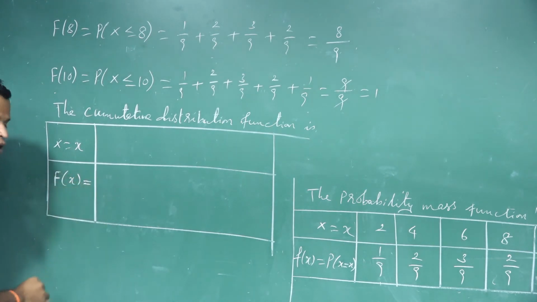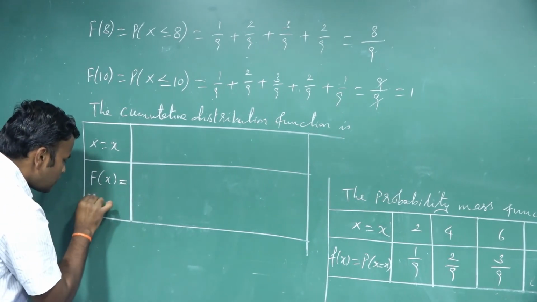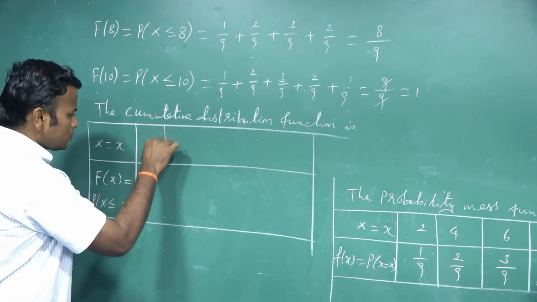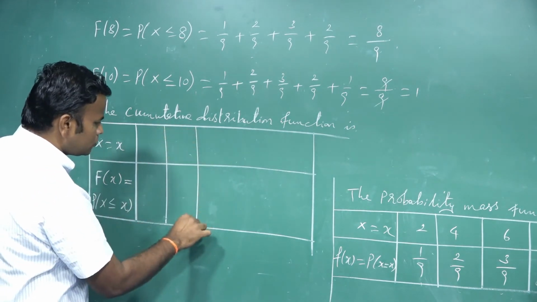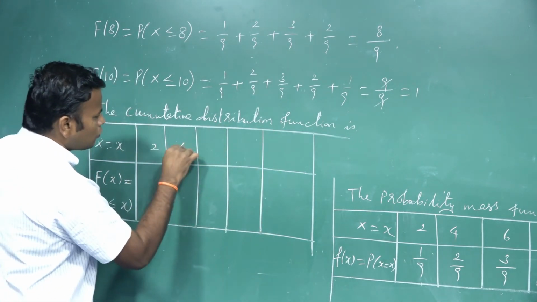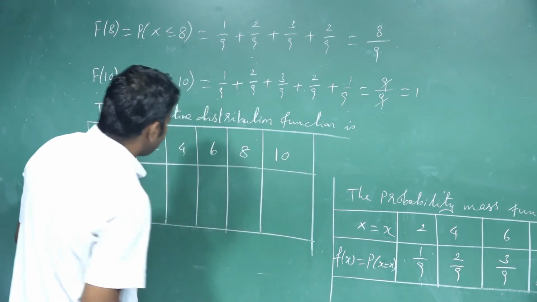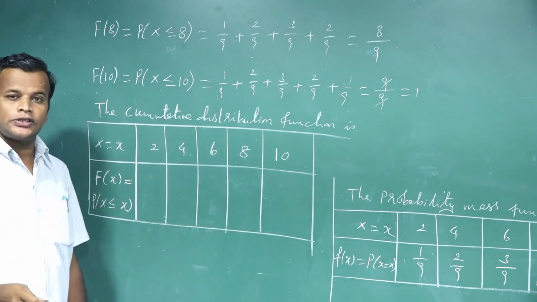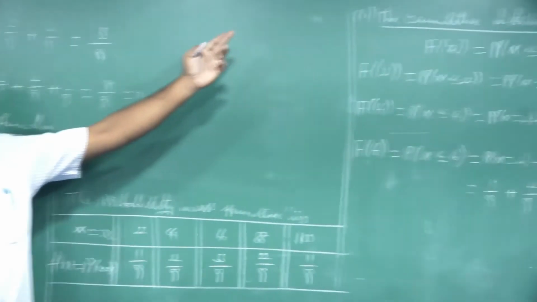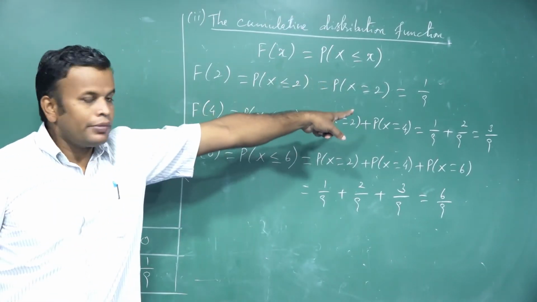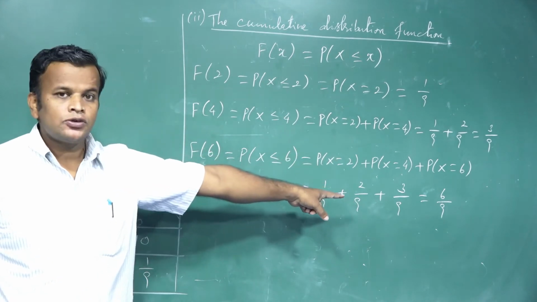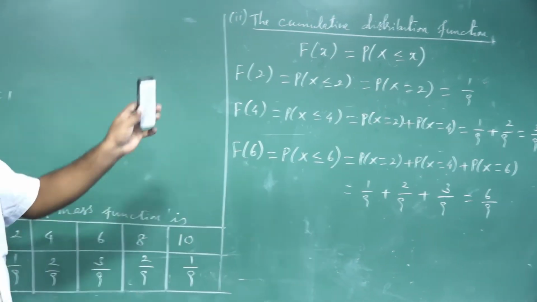You write capital F of x, whose value is P of x is less than or equal to small x. The values are 2, 4, 6, 8 and 10. When x is 2, f of 2 is 1 by 9. And f of 4 is 3 by 9, f of 6 is 6 by 9. So first we enter the values 1 by 9, 3 by 9, 6 by 9.